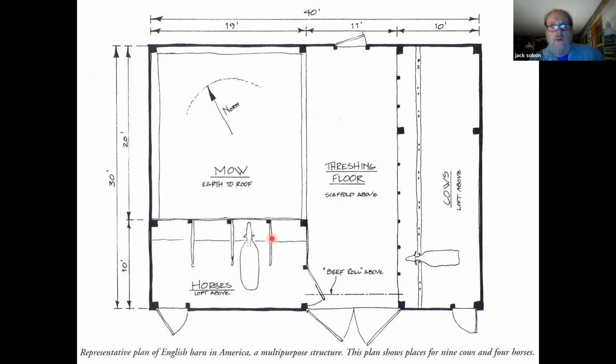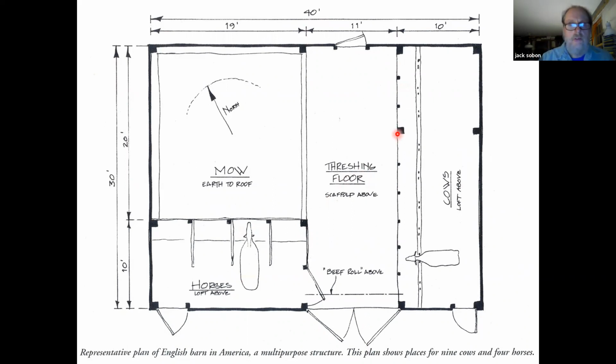This bay for the horses or oxen is usually 10 feet. And because of the scribing process, if you turn this bent around, switch it around, it lines up with that post. So this post is 10 feet from that end as well. I mean, sometimes it's in the middle, but if you've ever wondered why, it has to do with the scribing process.